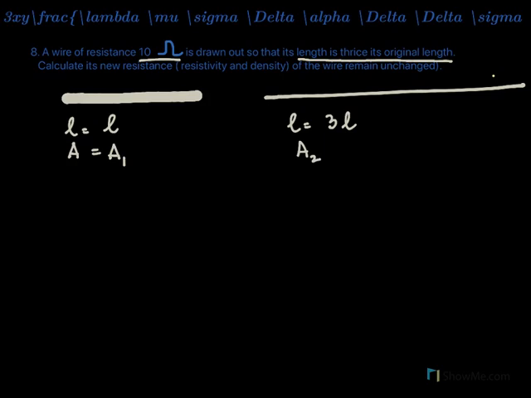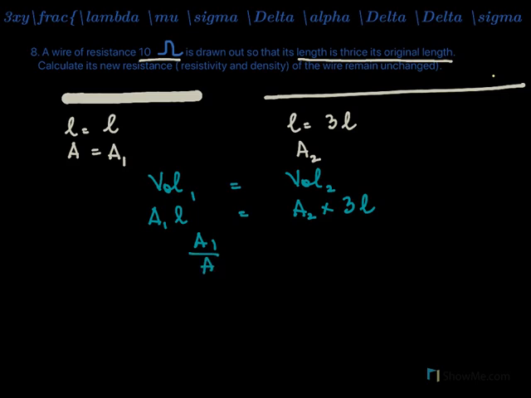Let us see what the new area of cross section is. This is the same material that is stretched, so the volume in case 1 equals the volume in case 2. Volume is area of cross section into length, and here also volume is area of cross section into length, which is 3L.